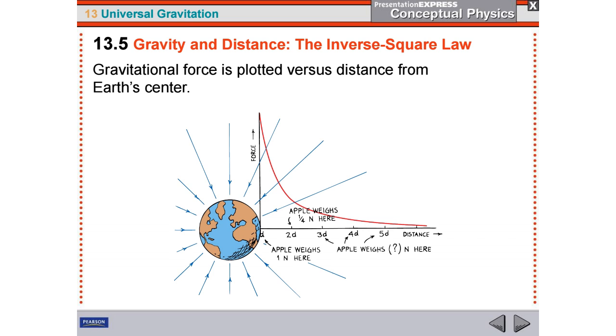What we have here is a graph of force against distance using the 1 over r squared relationship. We mentioned this before when we were looking at intensity of light. The 1 over r squared curve is a very important one, and here it applies in the same way.